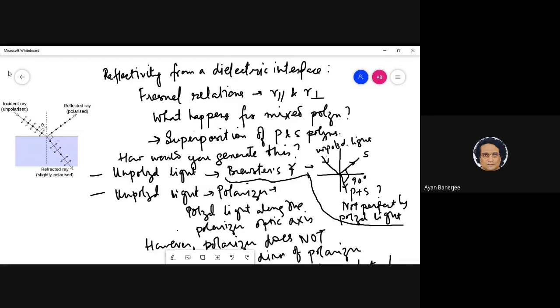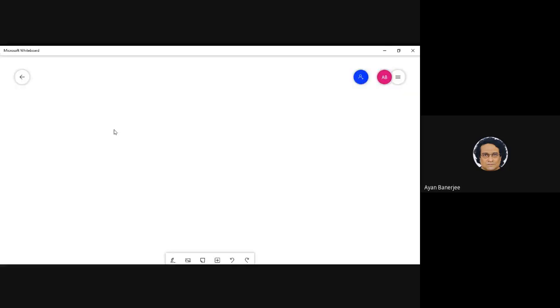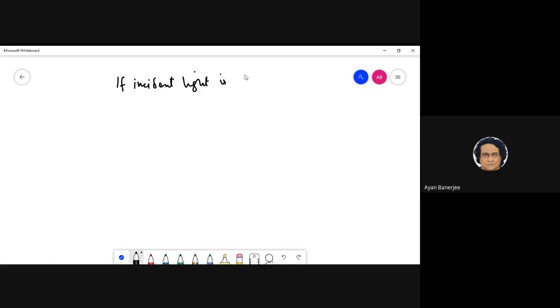If you write it down, I'm saying that if the incident light is alpha p plus beta s, what would be R and T? This was my question. How would you do it?